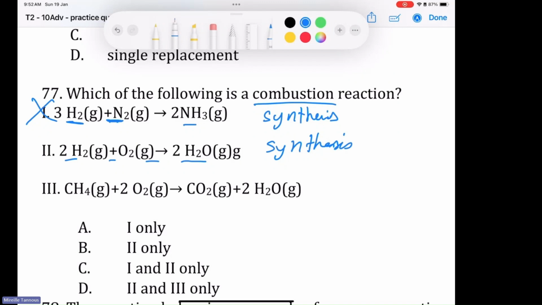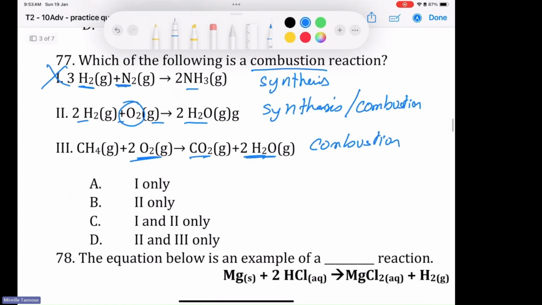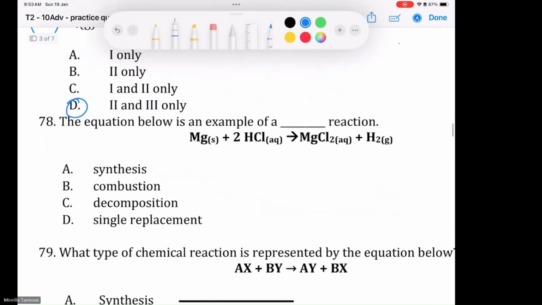However, in this one, I see O2, so it is synthesis but also called combustion. Now, the last one, there is O2, so this is a combustion, but not synthesis. So this is just a combustion. So the correct answer is 2 and 3.